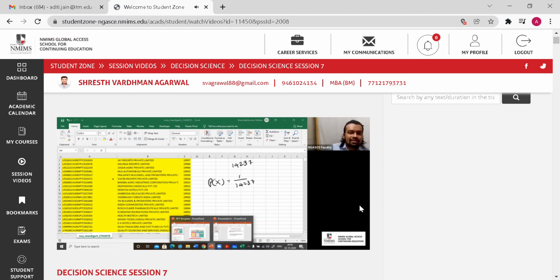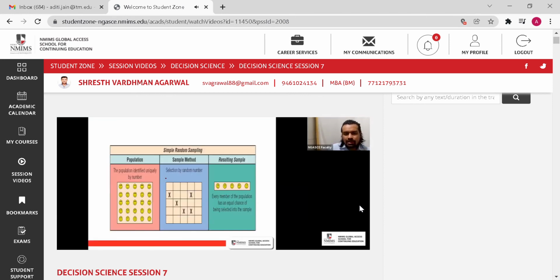So these people in the population all have equal probability, 1 by 25, 1 by 25, 1 by 25. Yes, Rima. In the case of Chandigarh, there were 14,237 companies.